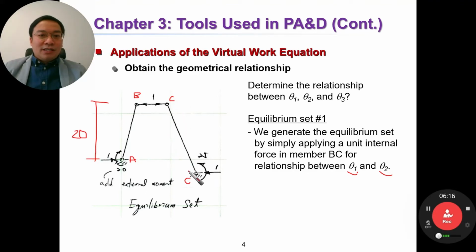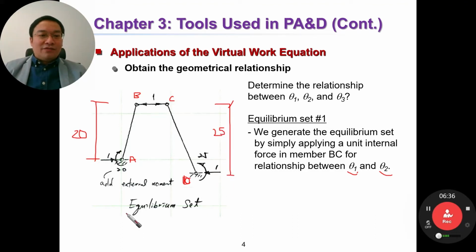And for CD, similarly, the reaction moment is 25 because the height here is 25, and the horizontal reaction is 1.